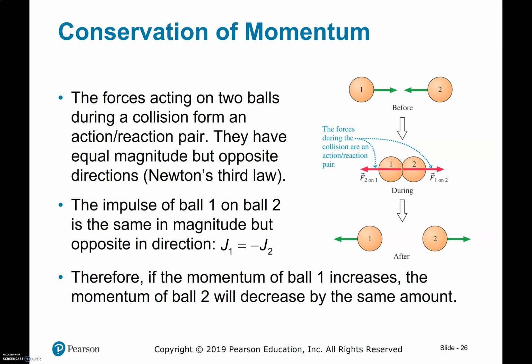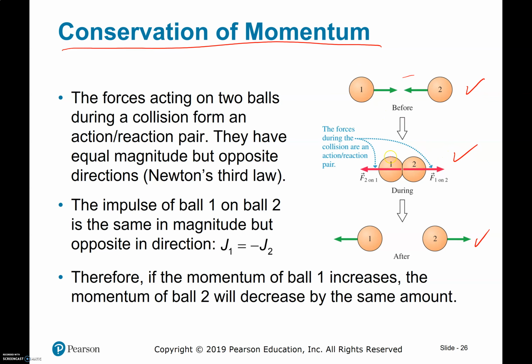So now we are going to talk about one of the most important theorems in physics, which is that of conservation of momentum. It says that if there are no external forces acting on a body, the total momentum before and after the event is conserved. So here we have two particles, right? They are coming at each other and they collide, right?